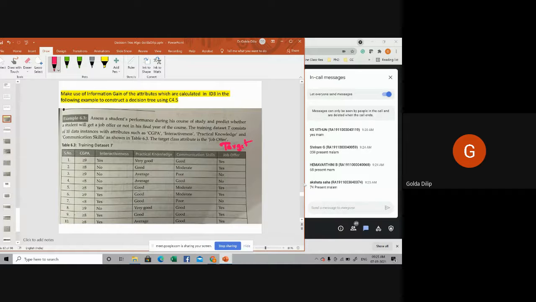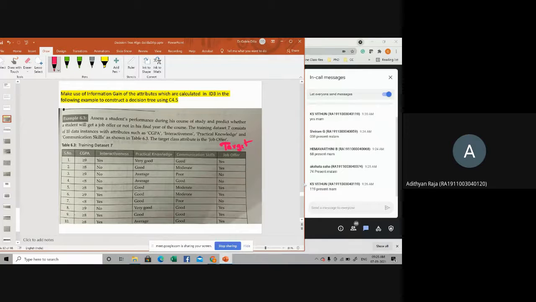Rahul P, present, ma'am. Suhasini Srikanth, present, ma'am. Apurva Ravichandran, present, ma'am. Vithun, chat box, ma'am. Okay. Adityan, present, ma'am. Selvan Niklesh, present, ma'am.